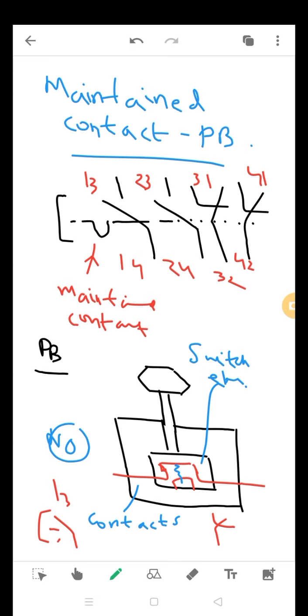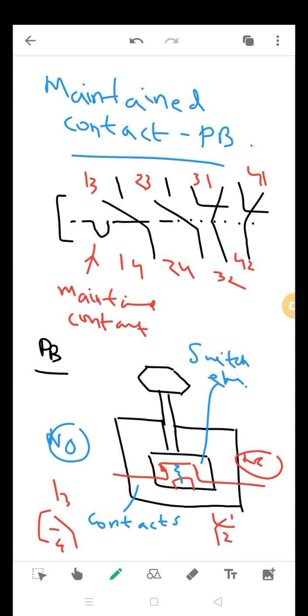So this is 3 and 4, and this represents 1 and 2. The actuated position, or we can also call it the normally closed position, NC.